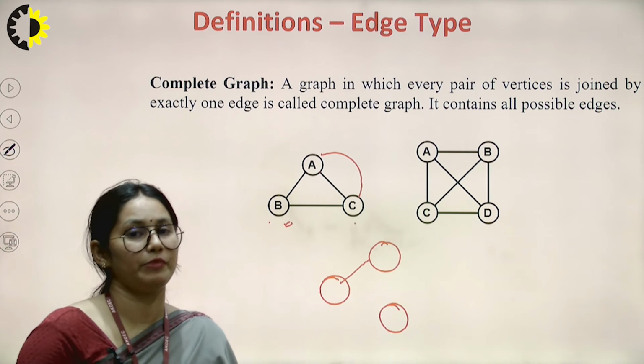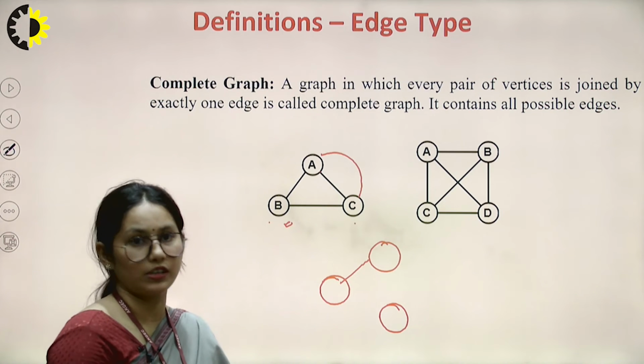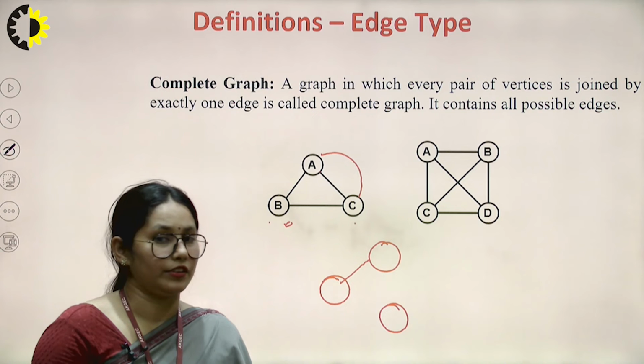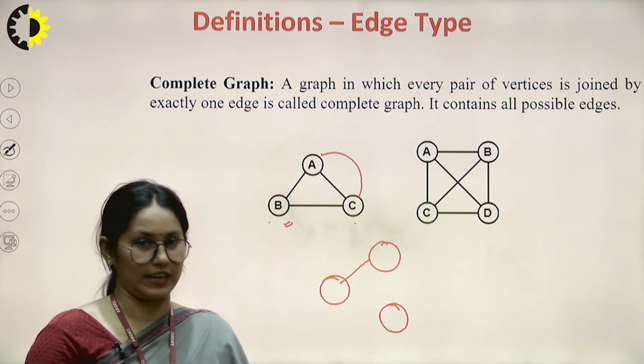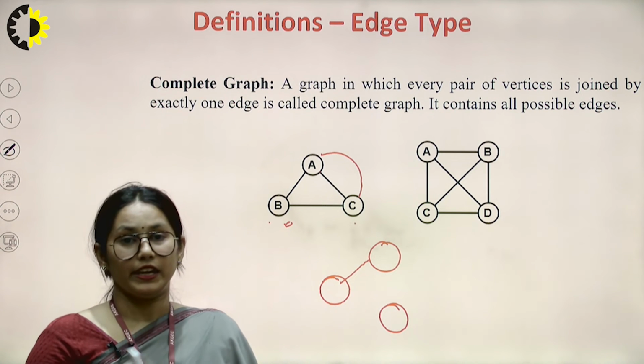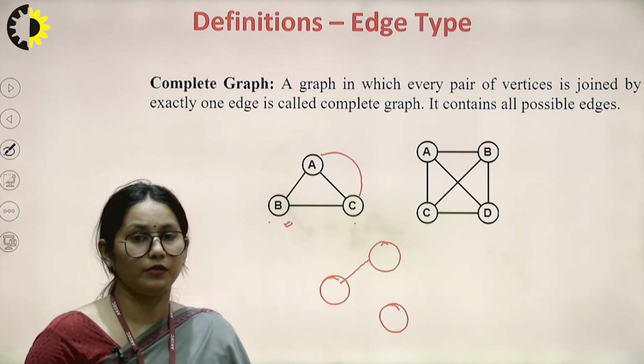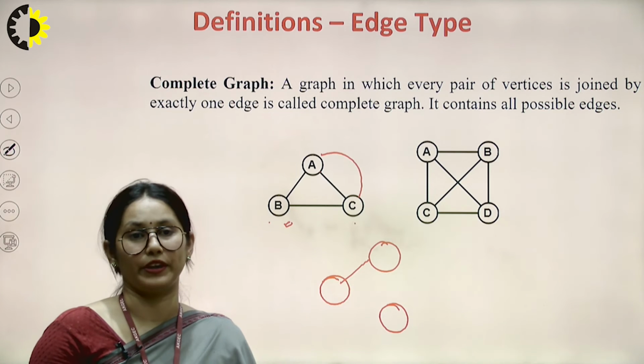So a complete graph should not contain loops, it should not contain any kind of multiple edges, but it does contain all the edges that connect every vertex with every other vertex.